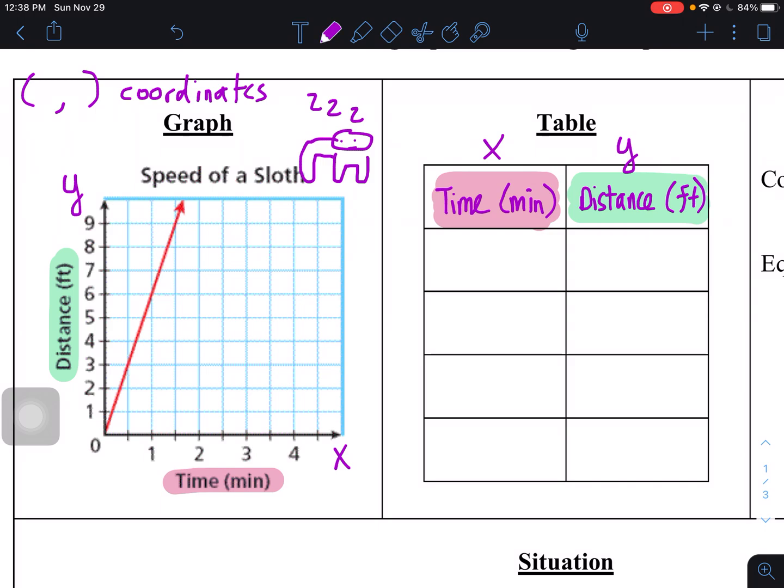So I'm going to pick this point, and this point, so that they're all on the grid. Now we need to find the coordinates of each of those points.